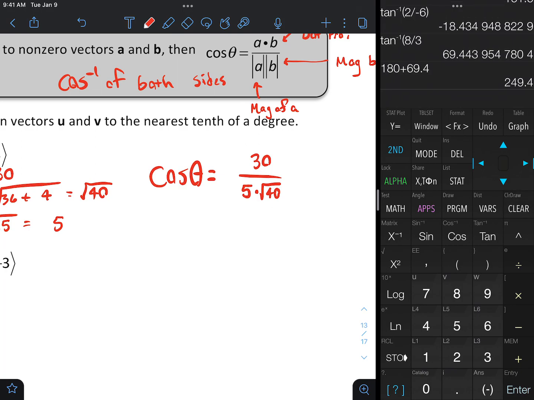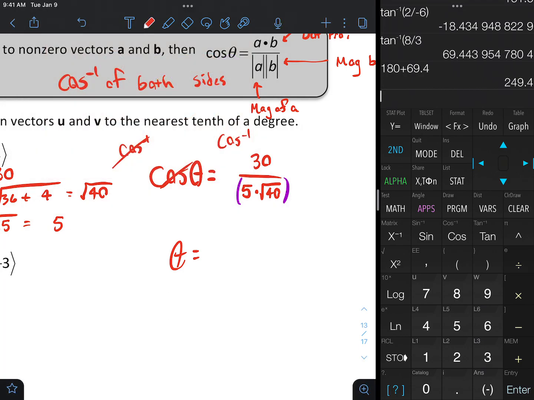If you're on a slightly older model of calculator, it might not have that button. What you're going to need to do is cosine inverse of both sides. Those are going to cancel, so you're going to get theta equals all of this. Basically, you need to add an extra set of parentheses to force the calculator to multiply the two denominators together first.